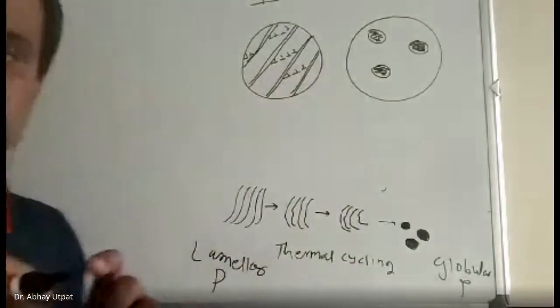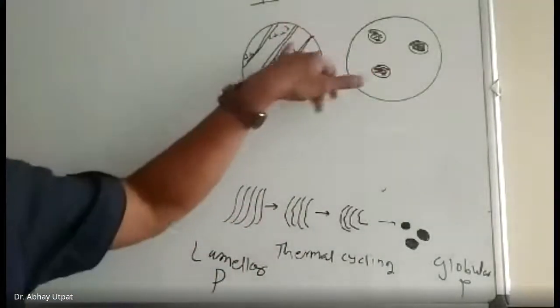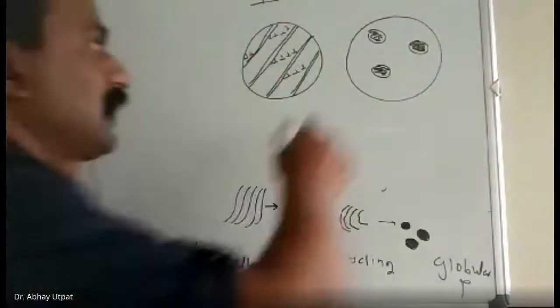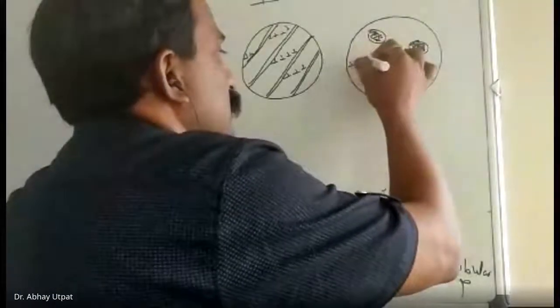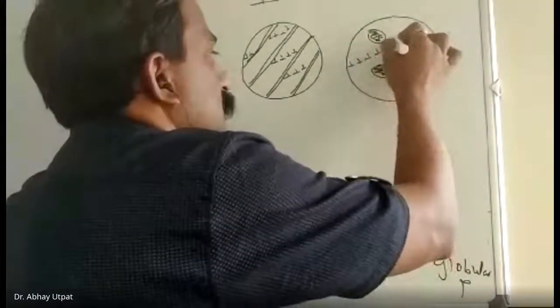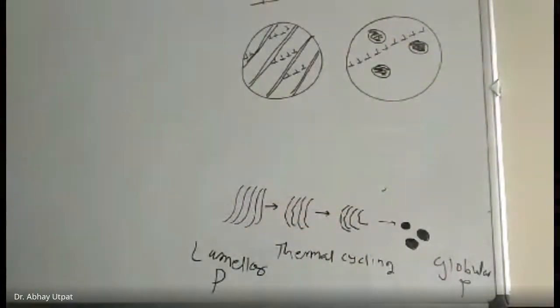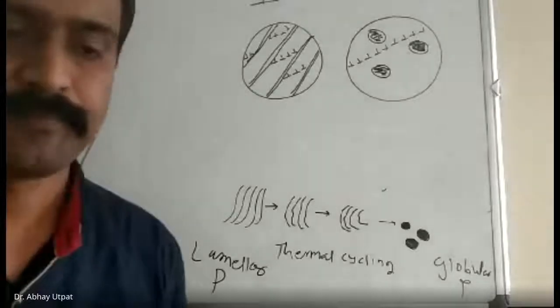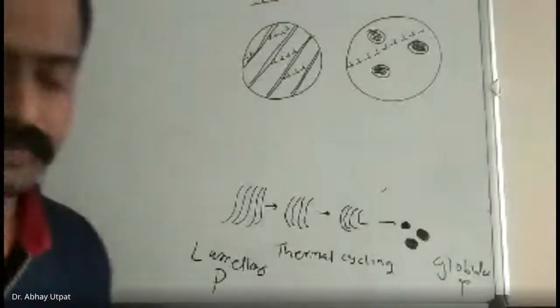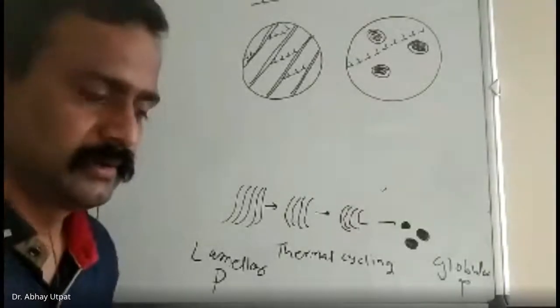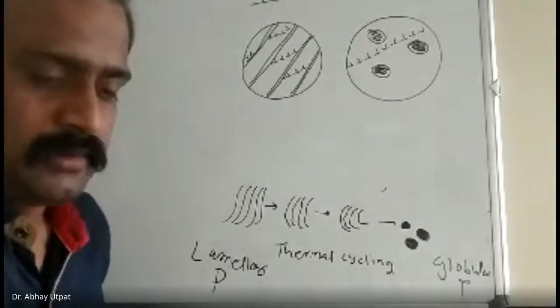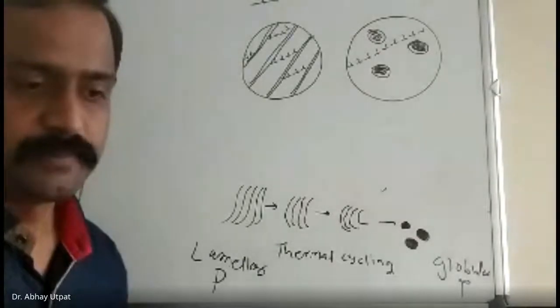So these dislocations can't move easily. But here you see the continuous movement of dislocation due to globular pearlite. You can draw this figure. And that's why globular pearlite gives better machinability.